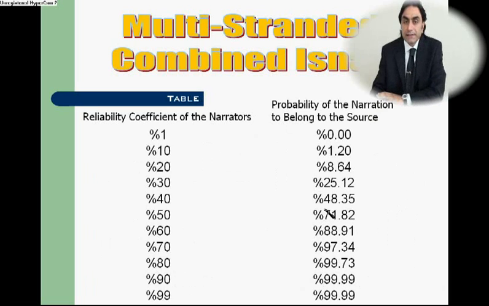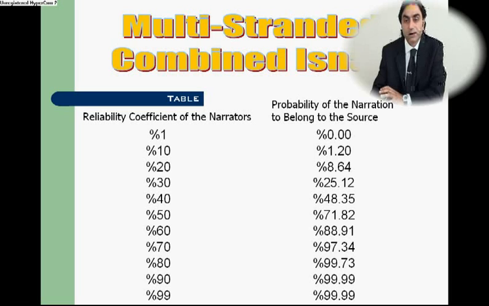In the table presented here, the results are calculated progressively in stages with regard to the probable status of narrators, ranging from the weakest reliability coefficient to the strongest. The most important point to be highlighted in this type of isnad is the high level of the reliability coefficients of narrators which exceed a certain level.